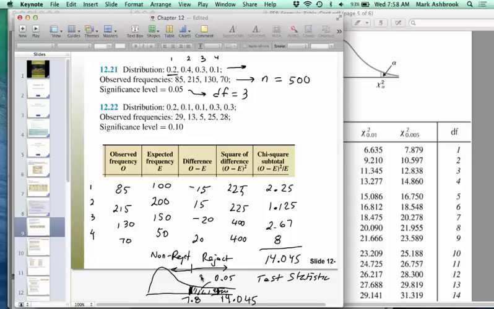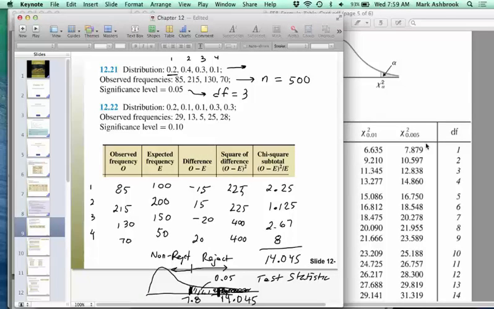So the p-value would be based on our test statistic. This area here would be the probability that at 14 we would incorrectly reject. So can we see what 14 is?